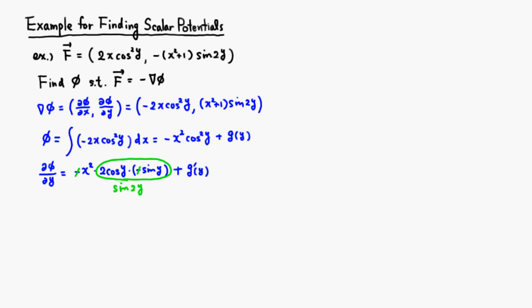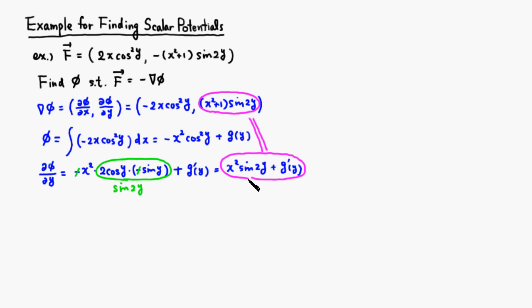So this is going to simplify to x squared sine of 2y plus g prime of y. Right? So we can match this up with the expression we had earlier. This is supposed to be equal to that one right there, so we're going to match those up.